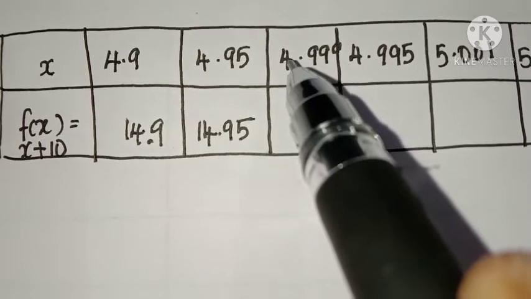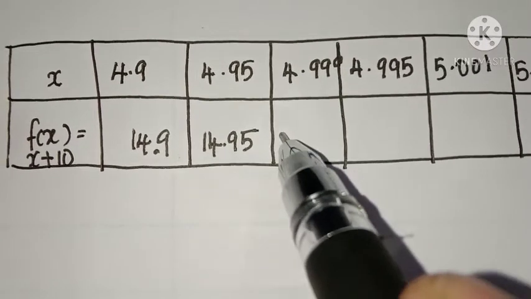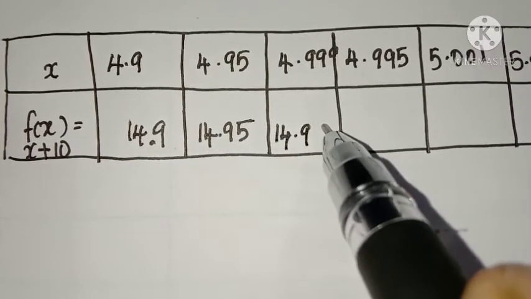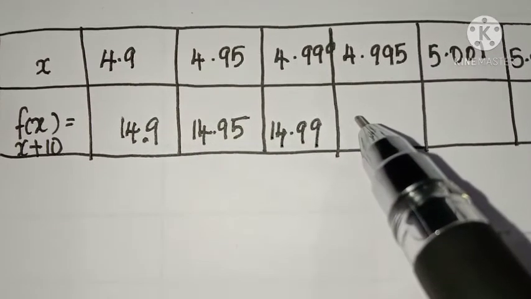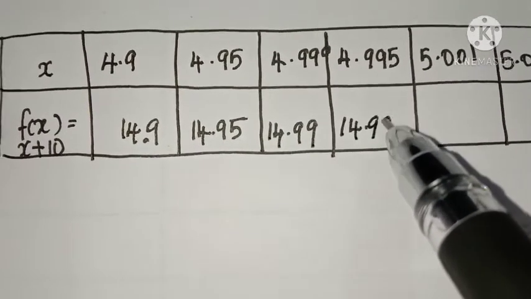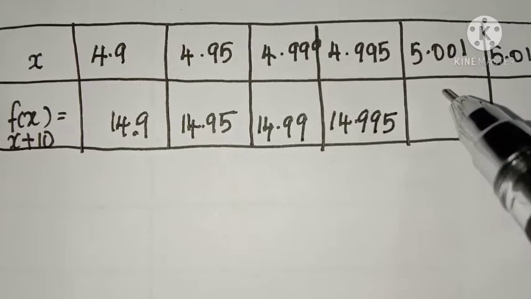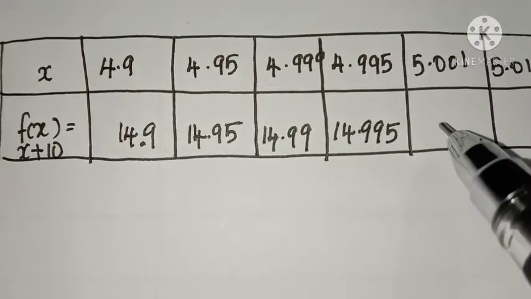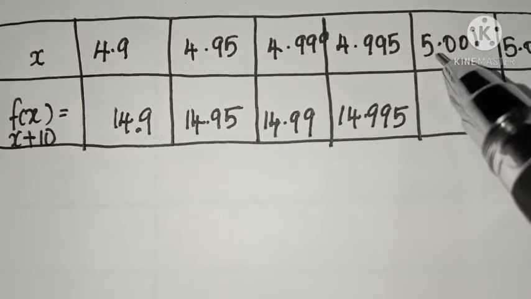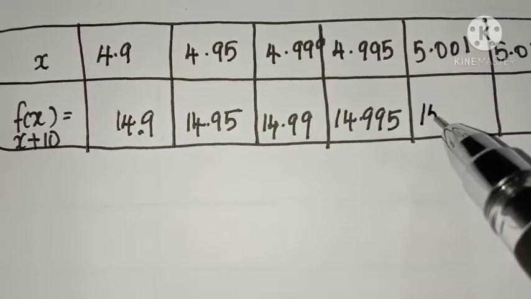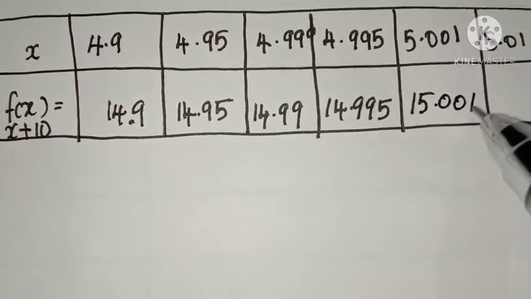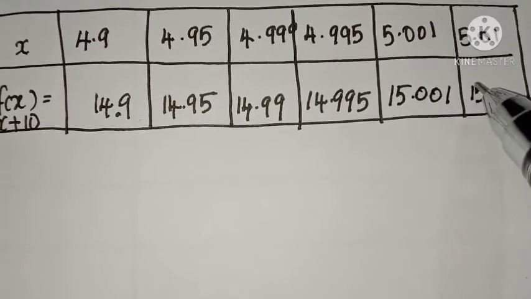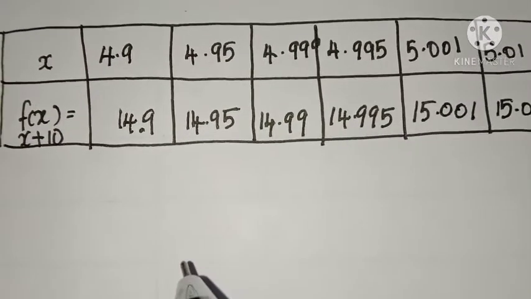When x equal to 4.99, f of x equal to 14.99 and here 14.995. Now when x equal to 5.001, f of x equal to 10 plus 5.001. This is 15.001 and here 15.01. Okay.